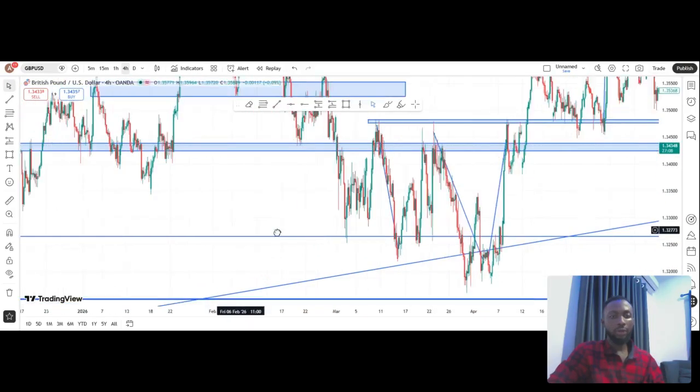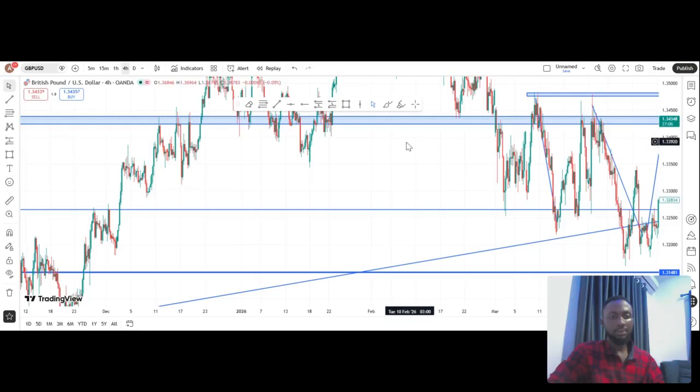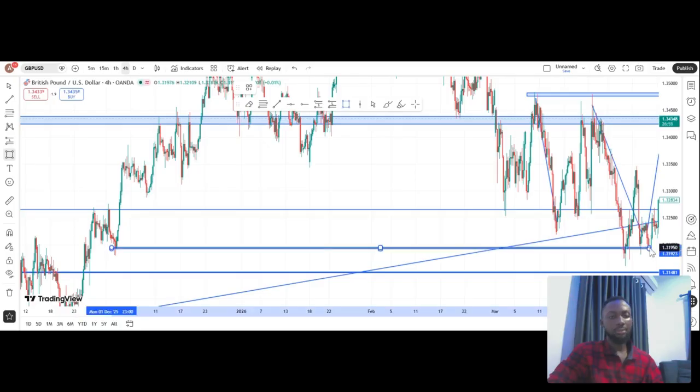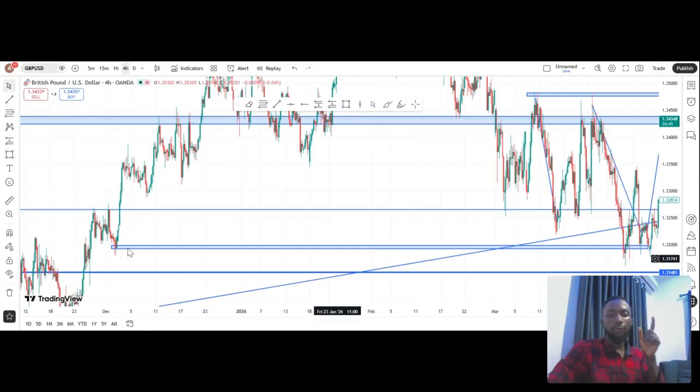Let's look for another level again. This place is also a level because it was respected. If you can see, it's used that place to form a support level.